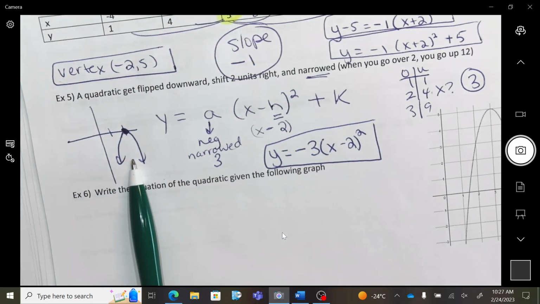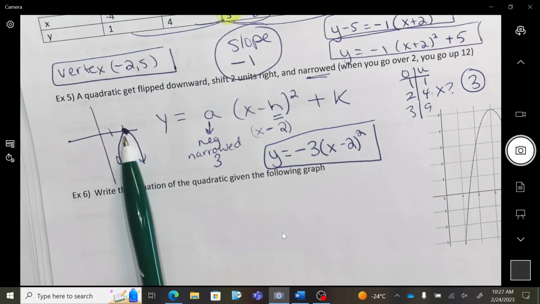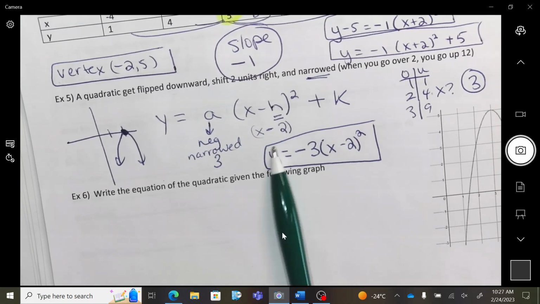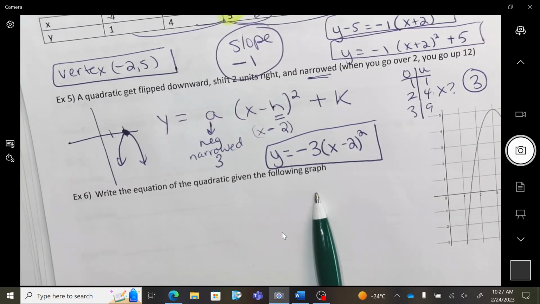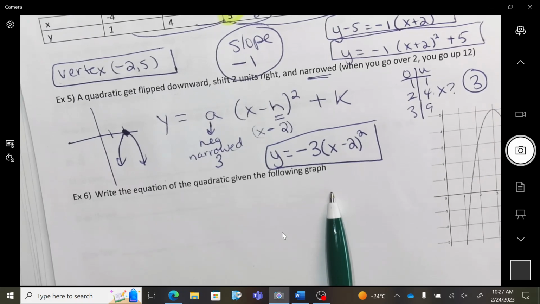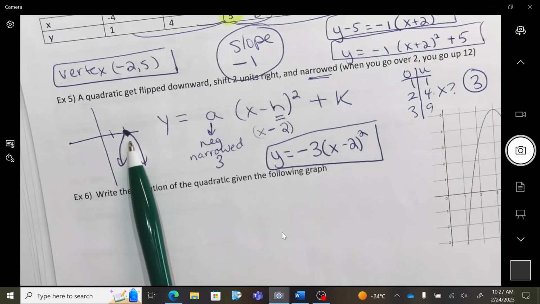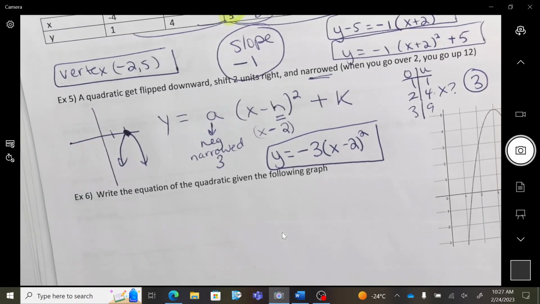Your vertex is situated at positive 2, comma 0, right? It always tricks people when there's no k number or sometimes there's no h number, right? If you don't see it, that means it's on an axis somewhere.